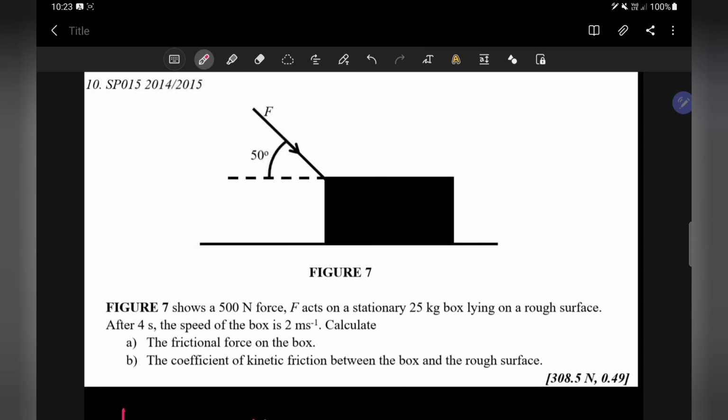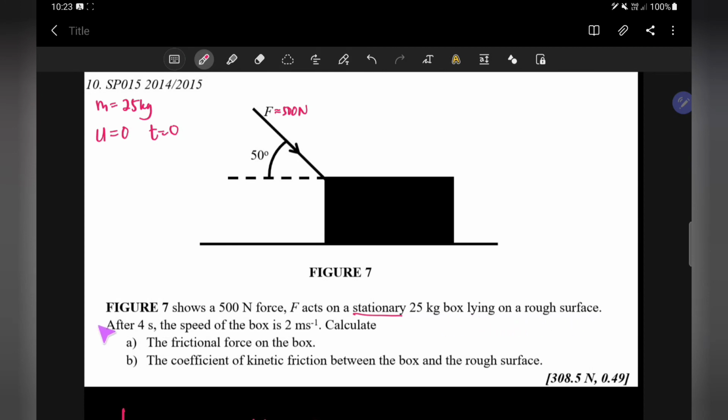Let's check. The force is given already, where the force is 500 Newton. Stationary means that the object starts from rest, so u equals 0 at t equals 0 initially. The mass is given, 25 kilogram.